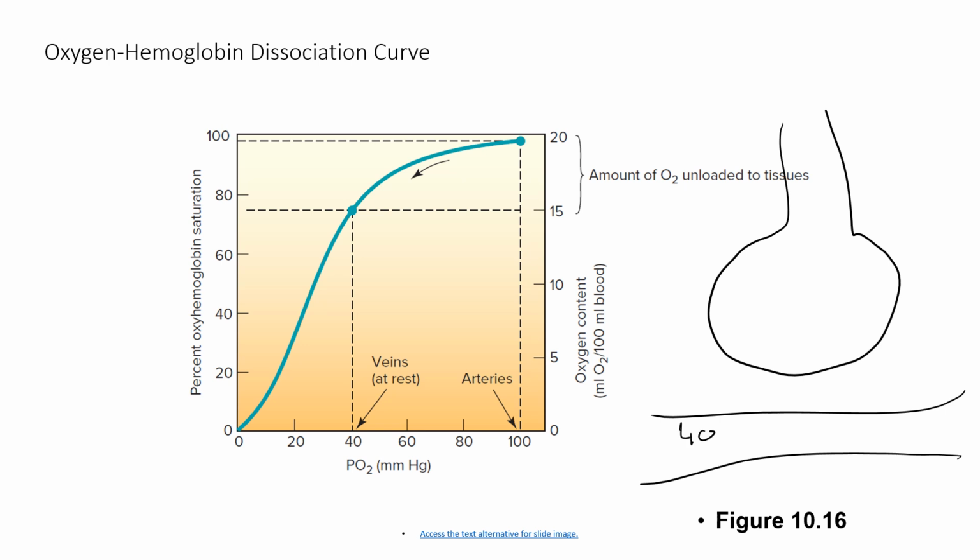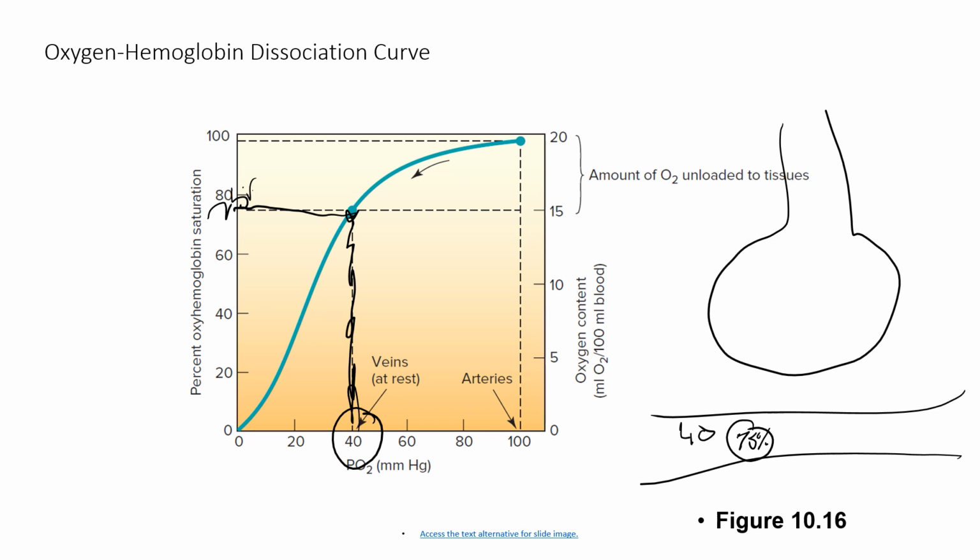The partial pressure of oxygen within the blood plasma, and thus the red blood cells, is 40 millimeters of mercury. And since that's the case, we know that the hemoglobin within the red blood cells is about 75% saturated. Okay, so the red blood cells are 75% saturated with oxygen.